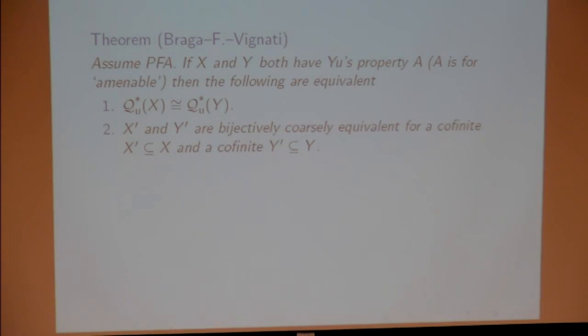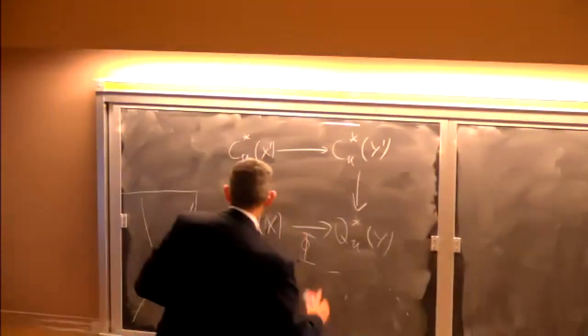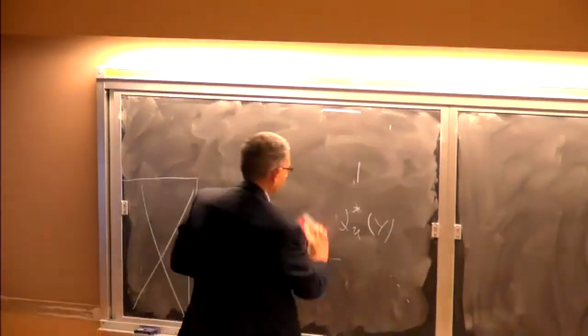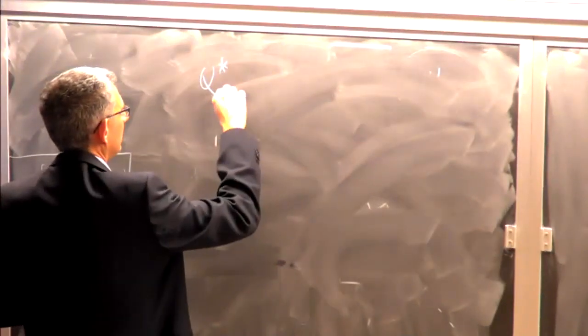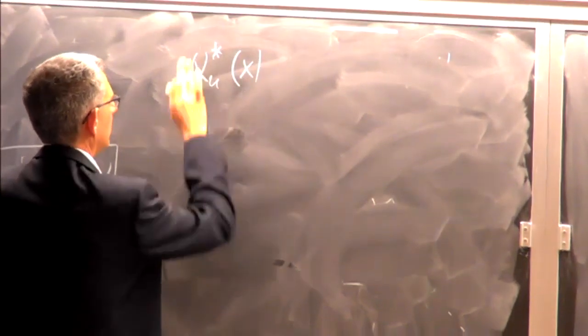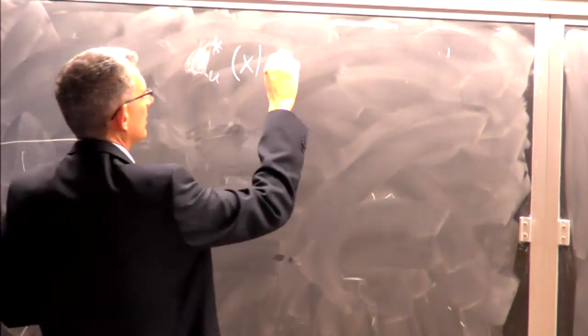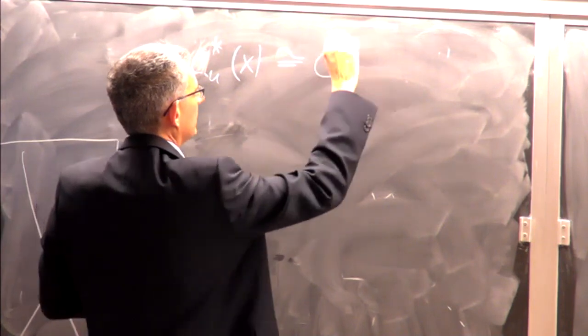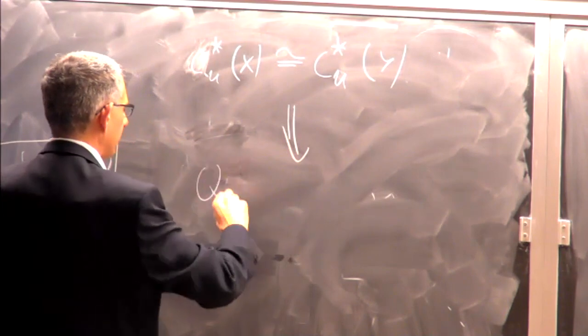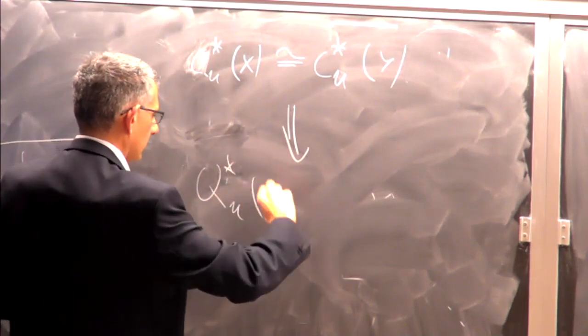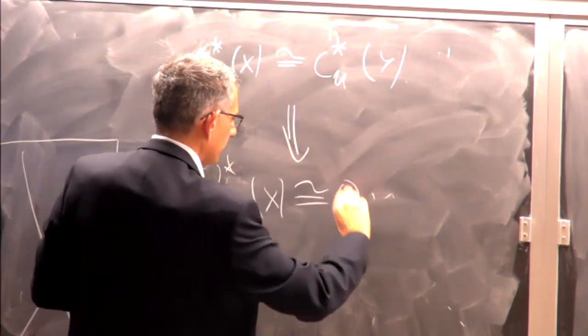but by certain mathematical arguments, PFA can be removed. Let me just look at the implications. If you assume that the algebras are isomorphic, well then definitely the coronas are isomorphic.